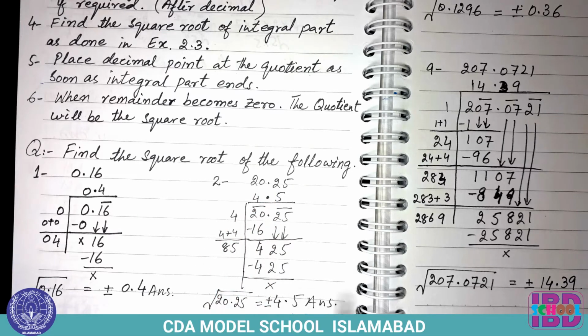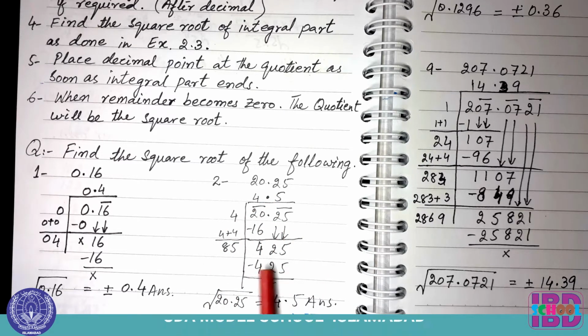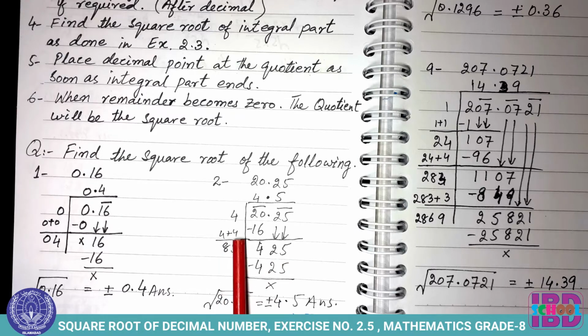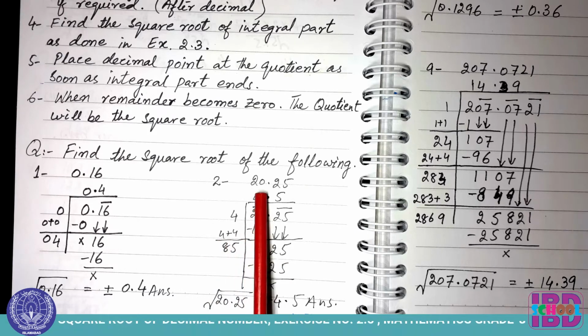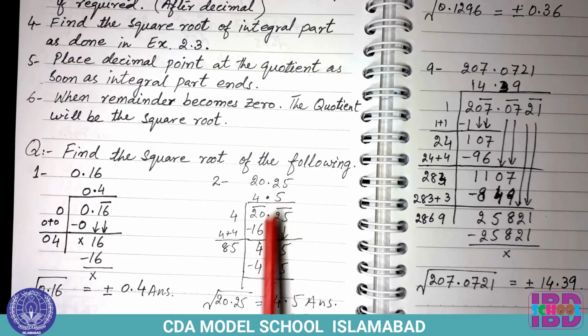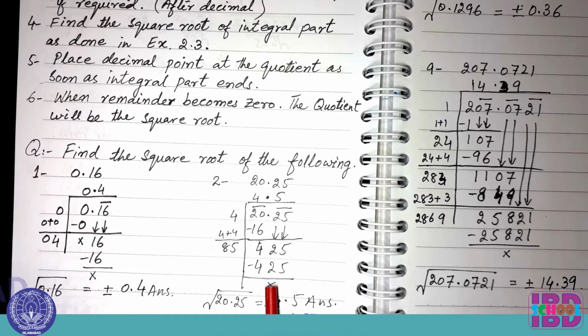Now pair 25 comes down and the number becomes 425. We add 4 in the divisor, 4. The addition is 8. Now we find a number such that the product is less than or equal to 425.